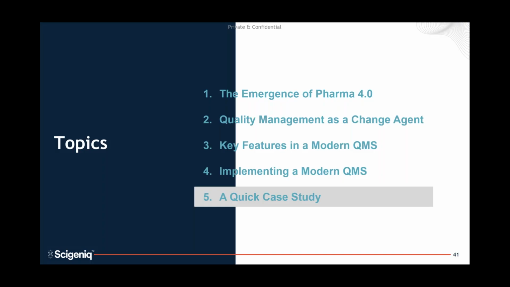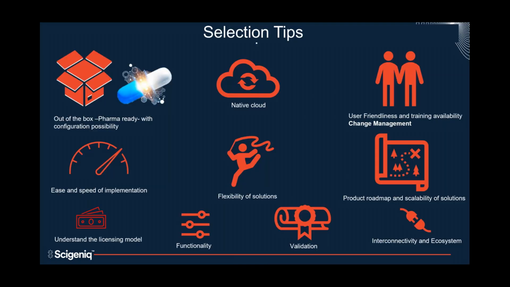Second thing here, we talked about native. So I'm finishing very quickly, Jawad. We need to have a native cloud. We need user-friendly software and ease and speed of implementation. We need a flexible solution, and we talked about scalability of the solution. We need to understand the licensing model.